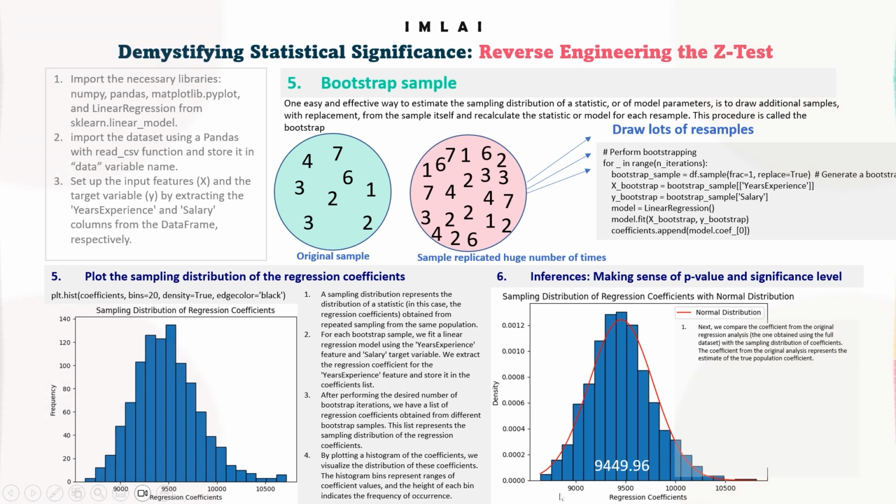Okay, now these are the regression coefficients that you can see on the screen. But when we were working on this project, doing the regression on the main sample, of course all these regression coefficients are part of the resamples, but the main sample, the first sample coefficient is 9449.96, and that is here.